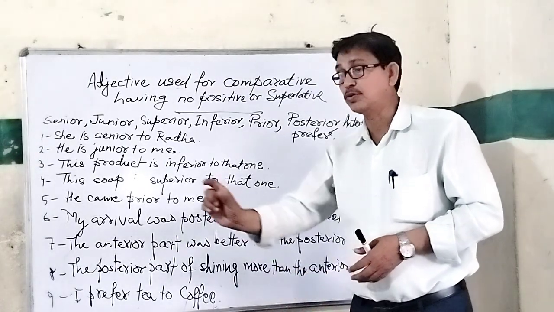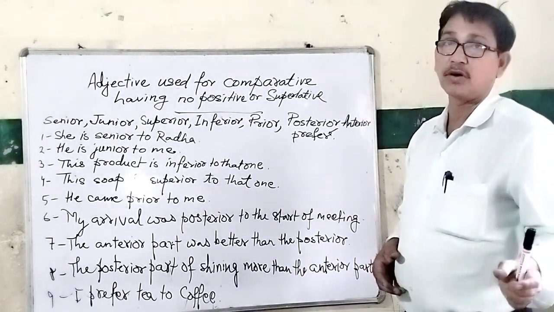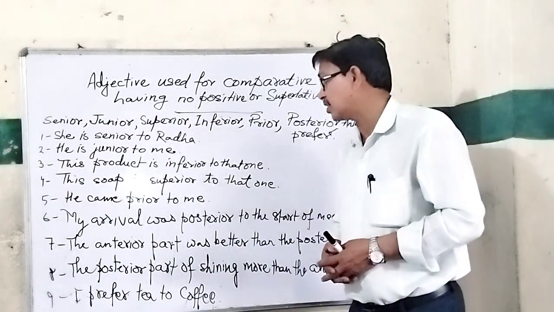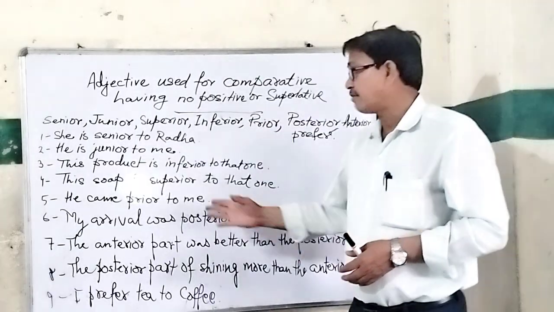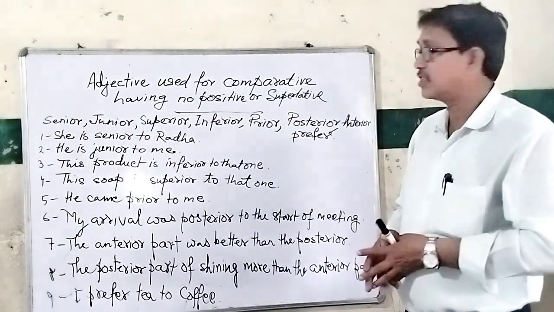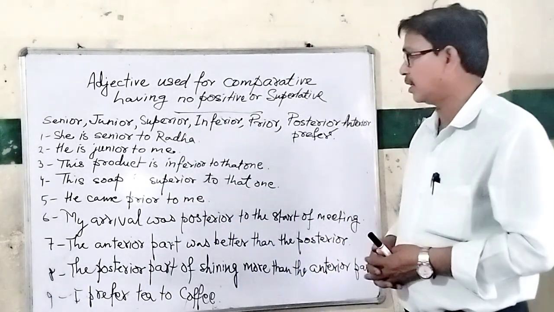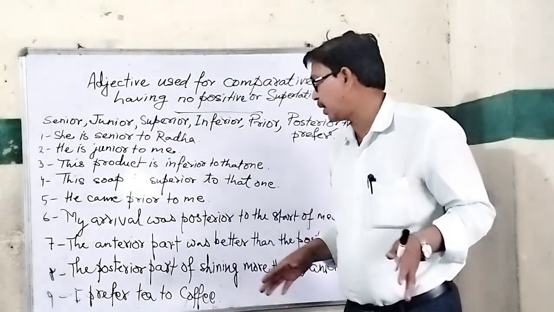If you use Lifebuoy and someone is using Pears or Moti soap, some costly soap, they may say that this soap is superior to that one. After that, he came prior to me. So prior means before. This is used for time. So he came prior to me. This is also a kind of comparison which has no positive and superlative.